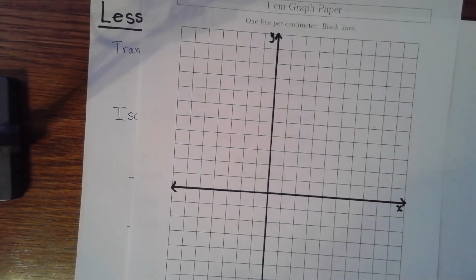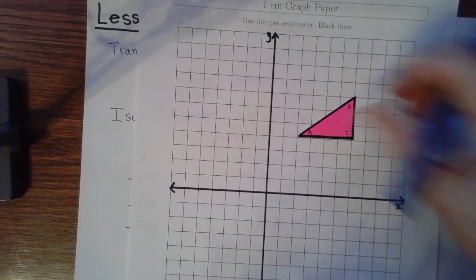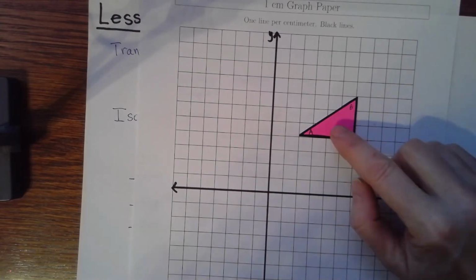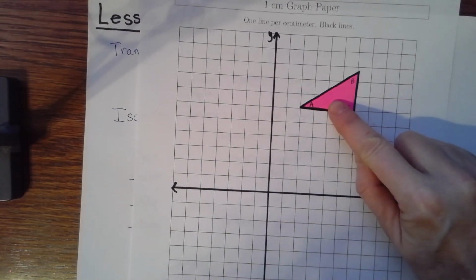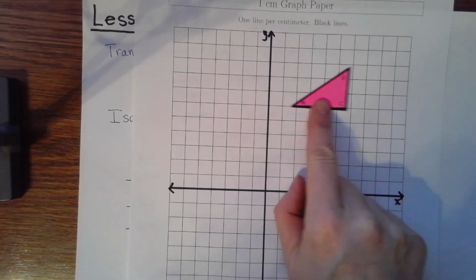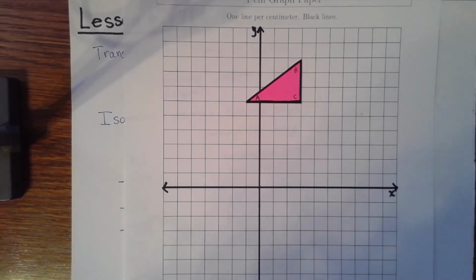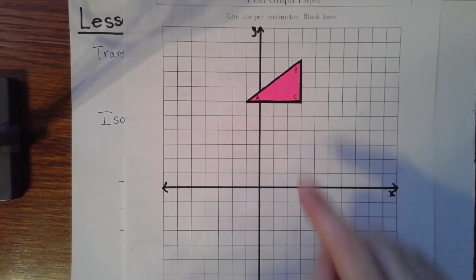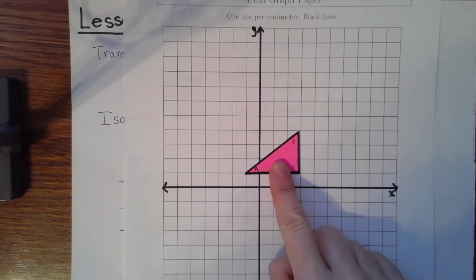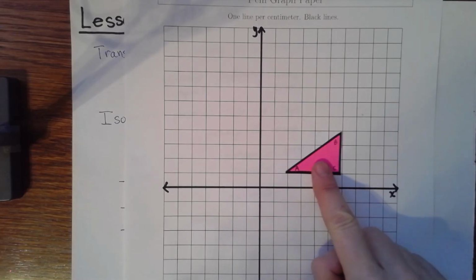Let's say that you had a triangle on a plane and you wanted to do a translation. You could go up 2 units, or left 3 units, or down 5 units, or right 4 units.